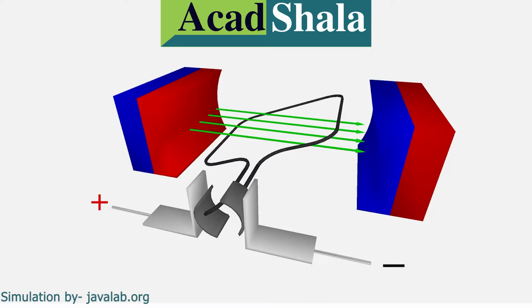Okay, now current is passed. Students, see how the current is passing. See the arrows, the black ones over here. See the magnetic field in green.